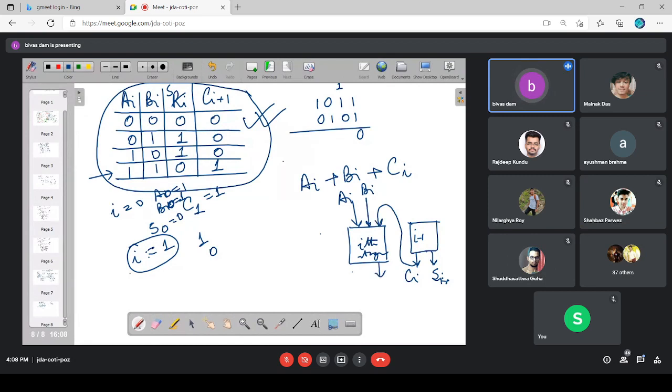From the ith stage you will be getting the sum as SI or RI, result I or sum I, whatever you say, and the carry output that you generate here will be termed CI plus 1. So to perform the addition operation, I need to accommodate the incoming carry from the previous stage also for completely performing the addition operation.